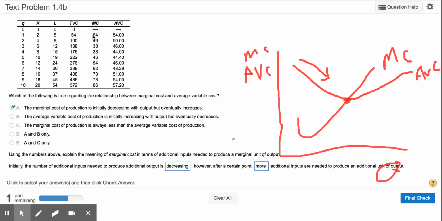It costs 54 to produce the first unit. It costs 46 to produce the second unit. So the second unit costs a little bit less than the first unit, which means that the additional input needed, you can think of it from a production table, is less.